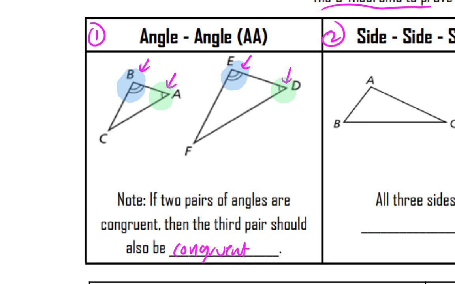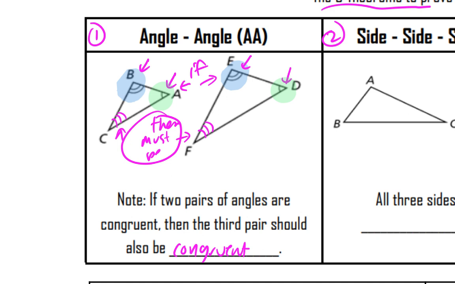So if these two are congruent, then we know this has to be. If we know that 2 are, then we know that 3 are, so that's enough to prove that they are similar.